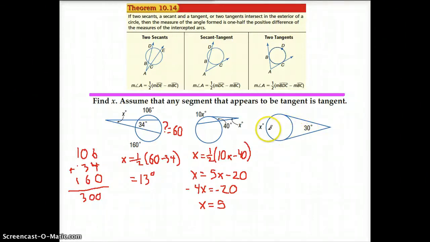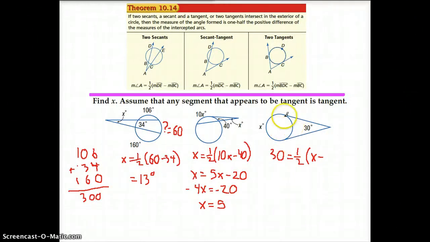But they've switched it around on me. Now I know the exterior angle, so I know that 30 is going to equal 1/2 of the big arc, which is x, minus the little arc. And here the little arc is a little bit tricky.